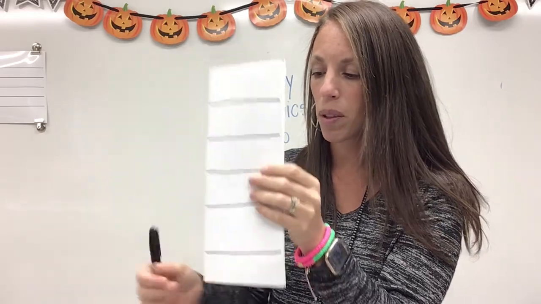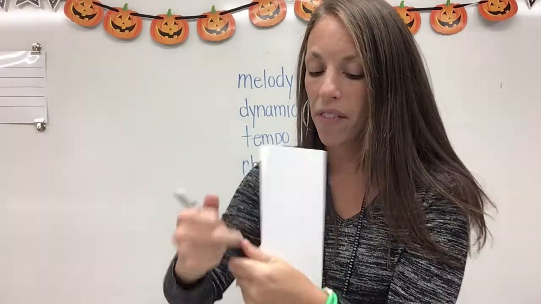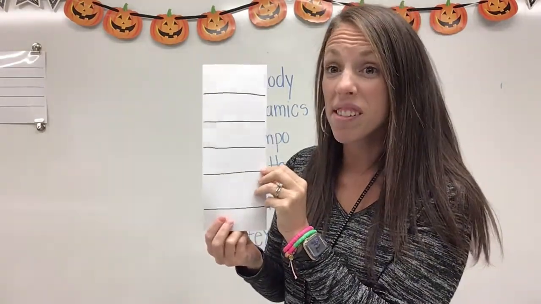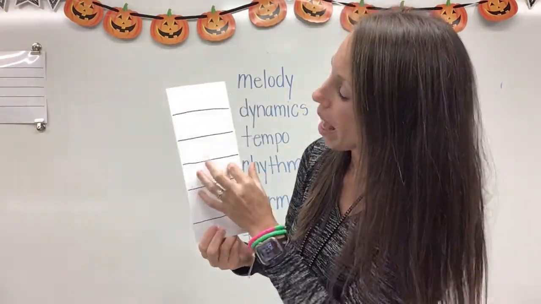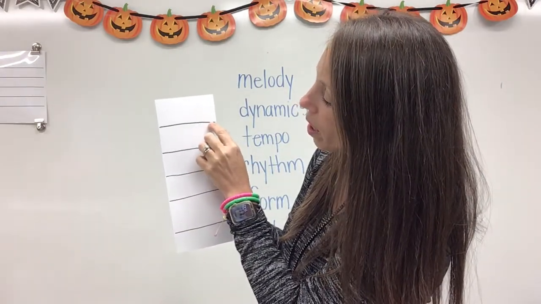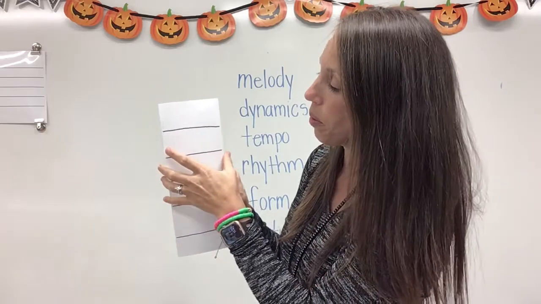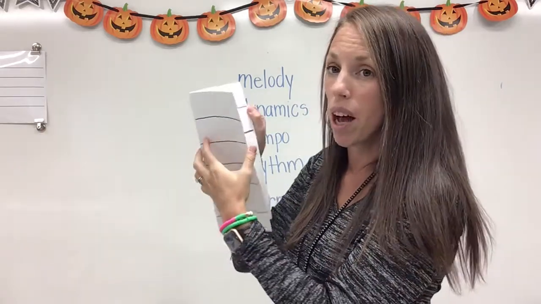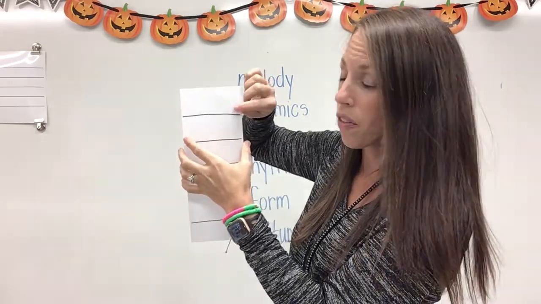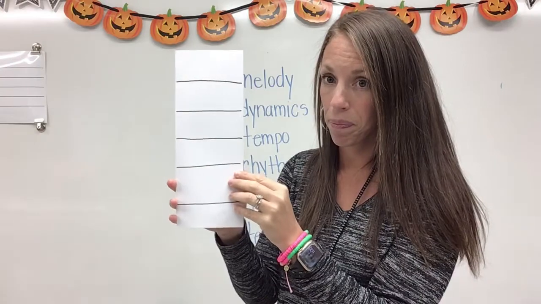All right, once you have finished that, you are going to take your scissors and cut on the line that you drew. Now you want to make sure that you do not cut through the back. Okay, just the front section.